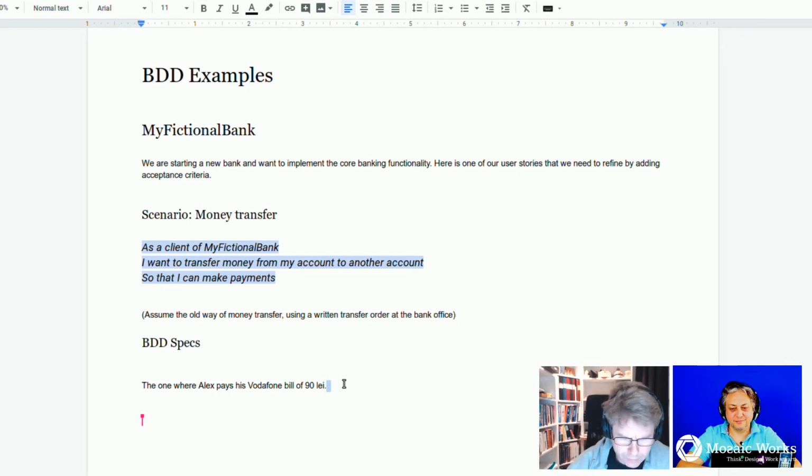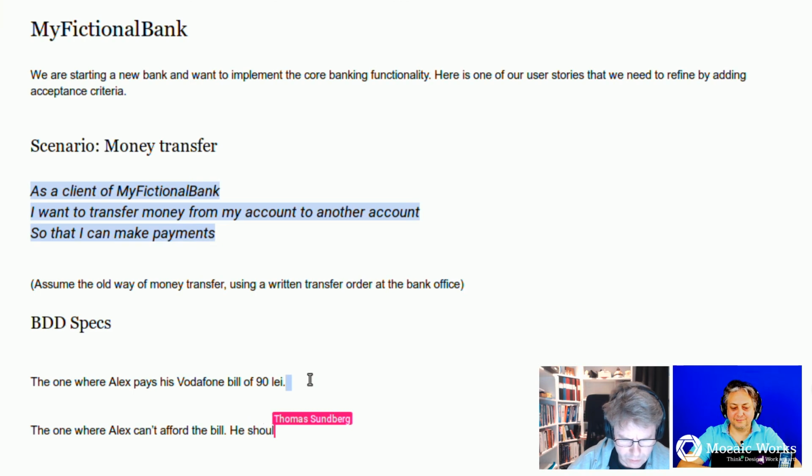Okay, so we have another example here, the one where Alex can't afford the bill. He should get an error message so he knows that the bill will not be paid.